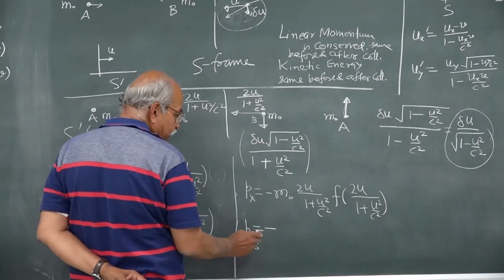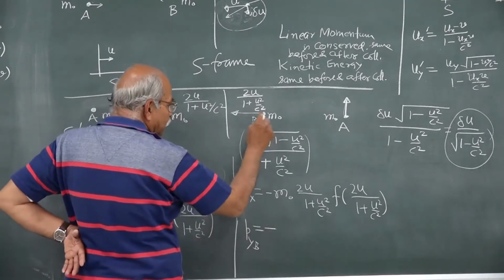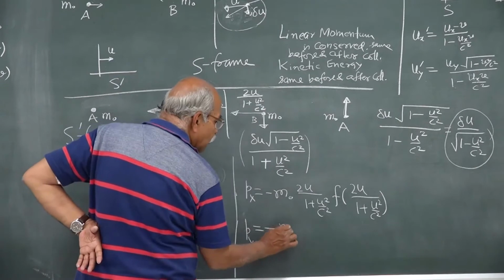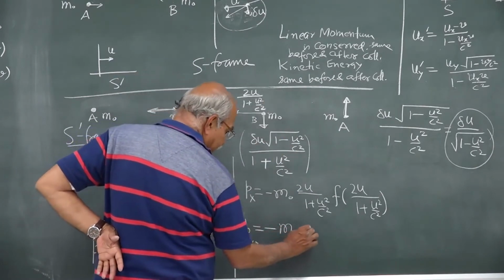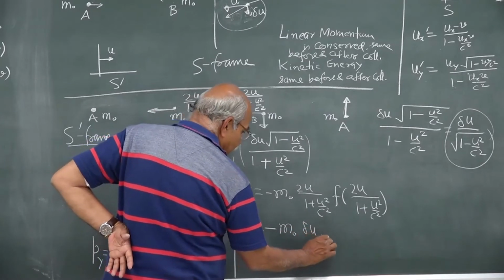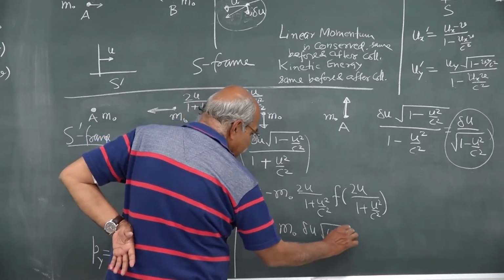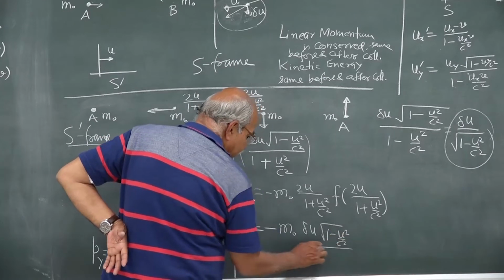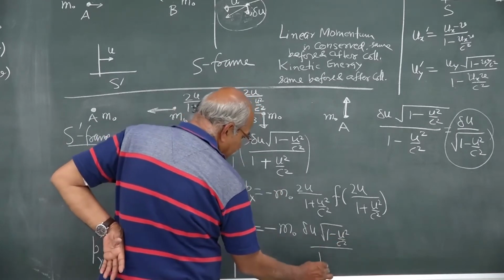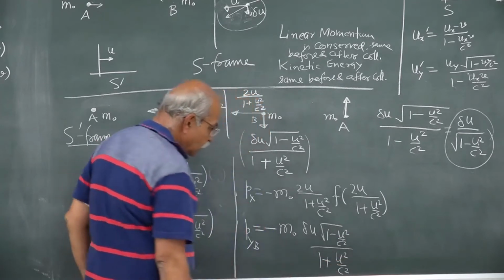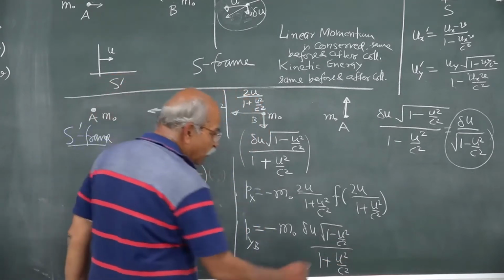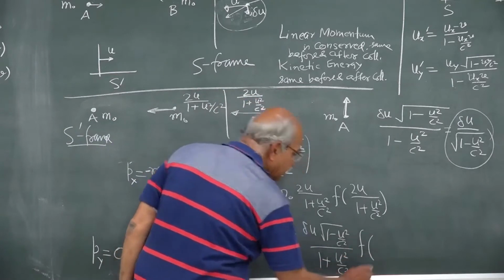So it will be the mass of the particle m naught, then the component of velocity in this direction, that will be delta u times square root of 1 minus u square by c square divided by 1 plus u square by c square, and f of the speed of the particle.